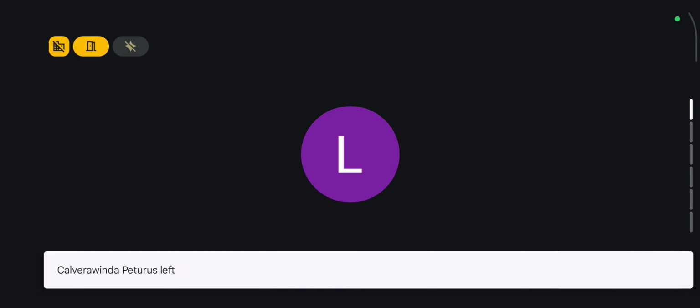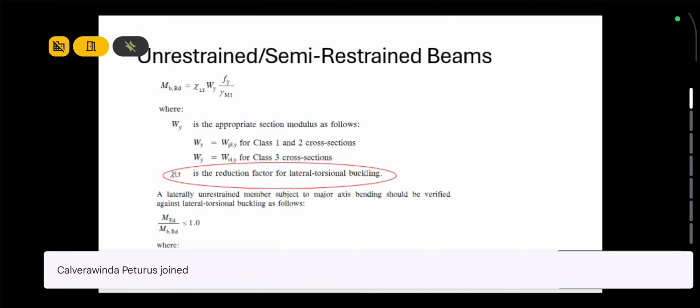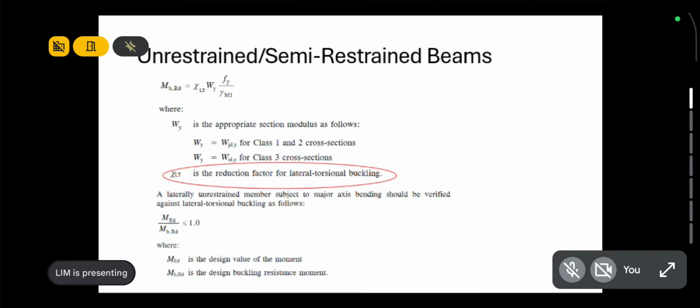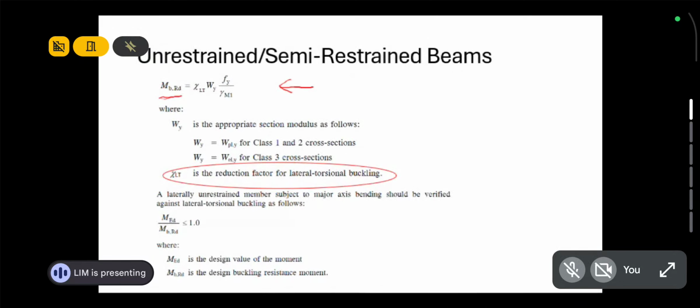All right. Okay, so like I said, there's another type of beam which is unrestrained or semi-restrained beams. The formula for these beams are very similar, actually, very similar to the fully restrained beams. You can see the capacity. This is the capacity.